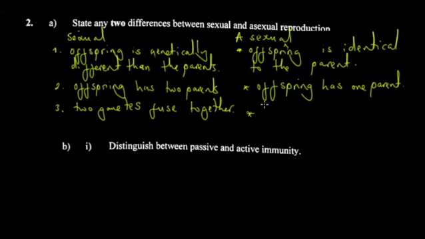In asexual reproduction, there is something called binary fission. It can be binary fission. You look this up. It can be fragmentation. Look this up. This is your homework. What is binary fission? What is fragmentation?